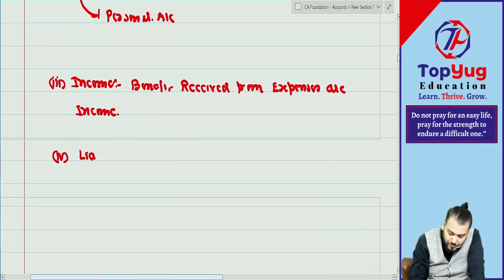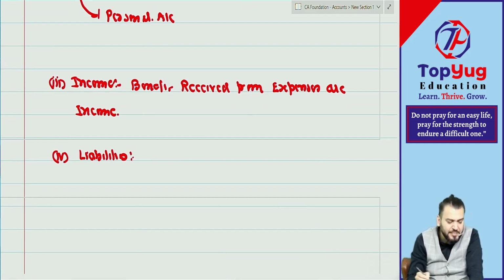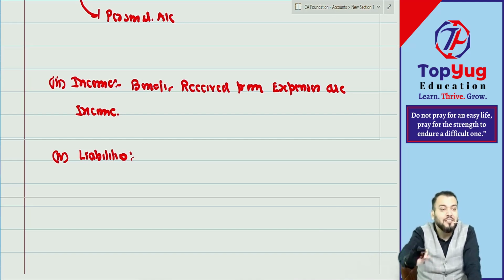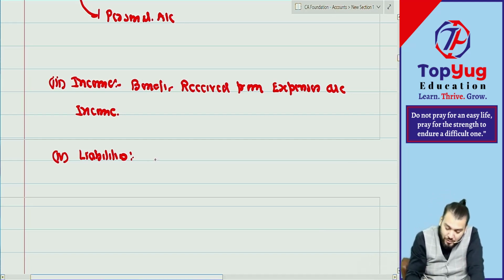Liabilities. Liability is very simple. Any amount payable to any person. Understood? Any amount payable to any person is a liability. Correct? So can I say in this way?